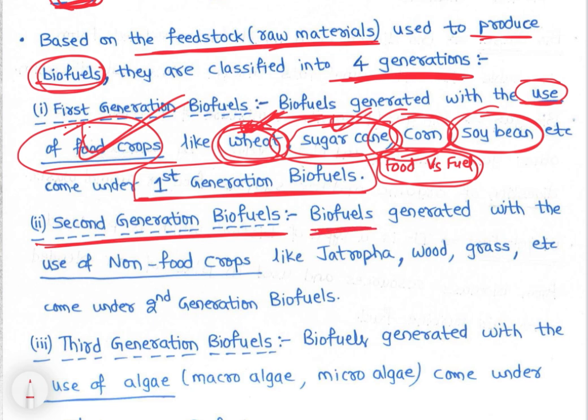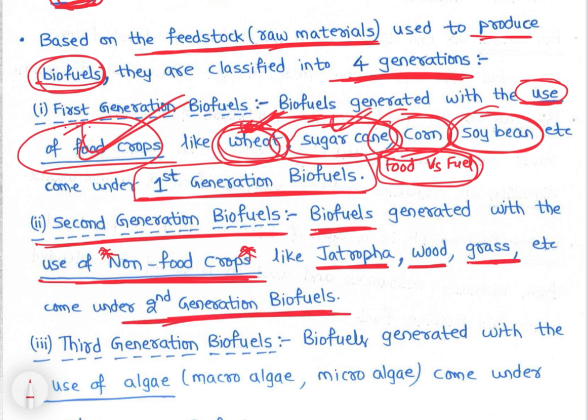So biofuels generated with the use of non-food crops, like jatropha, wood, grass, etc., come under second generation biofuels. Now what happened here? Non-food crops are being used, but land used for cultivation of other crops is used for fuel, right?